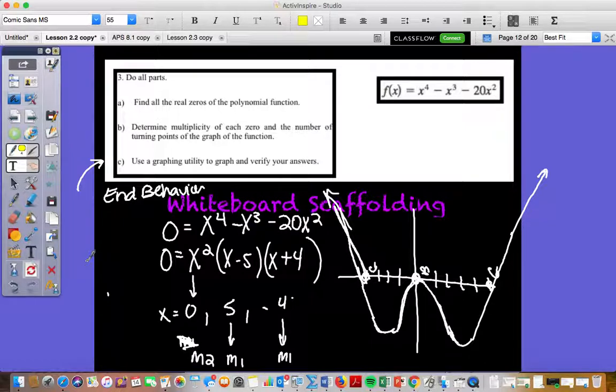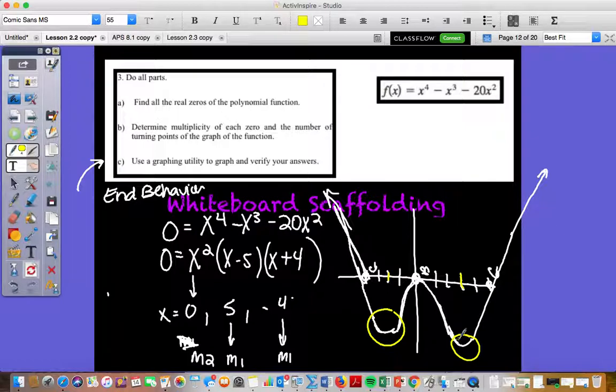The only thing that I didn't do that I would expect you to do on the test is to create a T-chart where I would just find out how low did I go right here, right? Like maybe plug in negative 2 right there. And the same thing holds true. I can maybe plug in 3 or something. And that way I have an idea of approximately how low I went. You could also use your calculator and then solve for what the minimum would be here by going to your calculator and plugging it in.